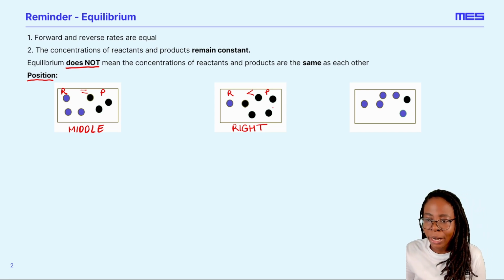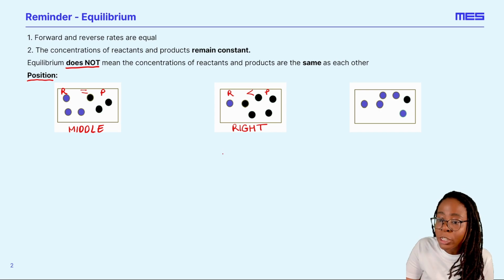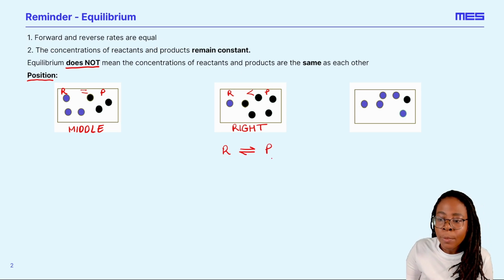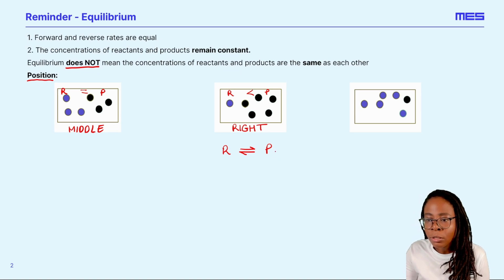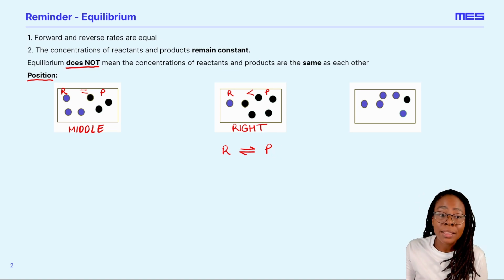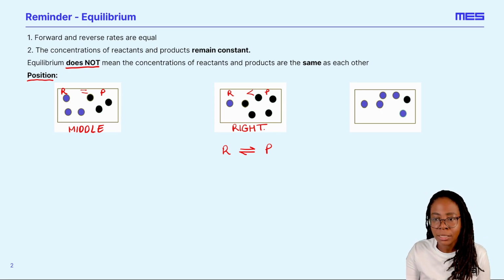The reason that we say the right-hand side is because if we write a general equation for a reversible reaction, or really any reaction, we've got our reactants in equilibrium with our products. The reactants are on the left of the equation, the left of the arrow, and the products are on the right of the arrow. So if there are more products than reactants at equilibrium, then we say that the position of equilibrium is towards the products, or on the right-hand side.